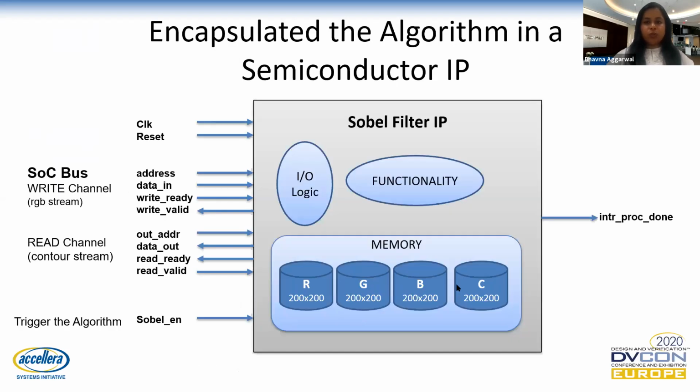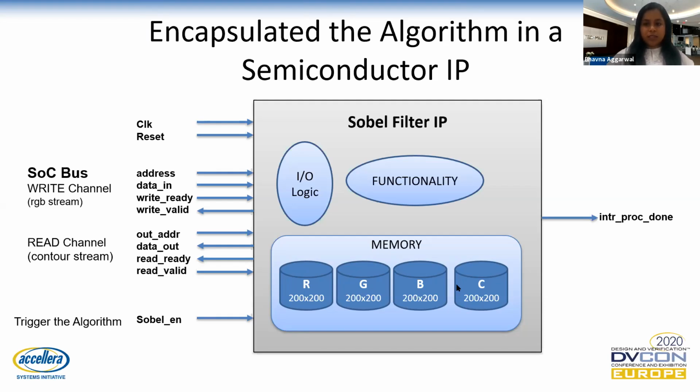This is the block level view of the semiconductor design encapsulating SOBEL's algorithmic behavior. The IO logic of the IP consists of clock and reset input pins, and an SOC bus consisting of write and read channels, where the write channel provides the interface for the RGB input stream of any PNG input image, and the read channel provides the output interface for the convoluted data stream as a result of the SOBEL filter image processing logic.